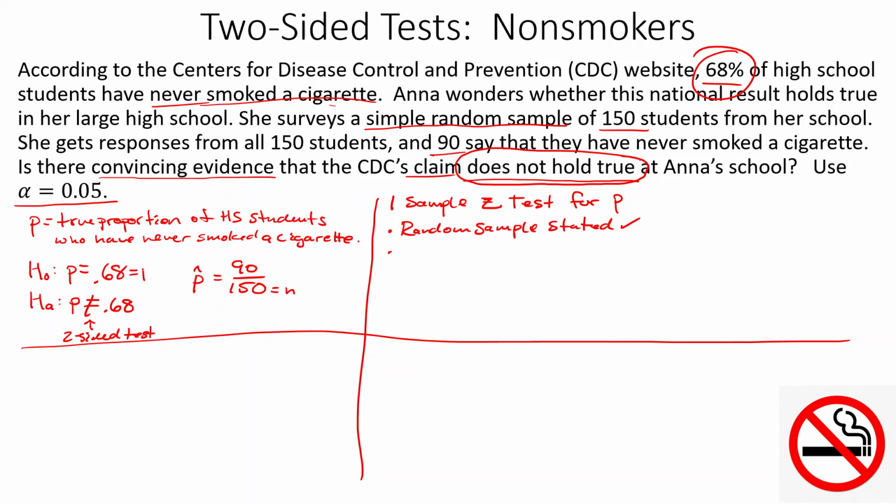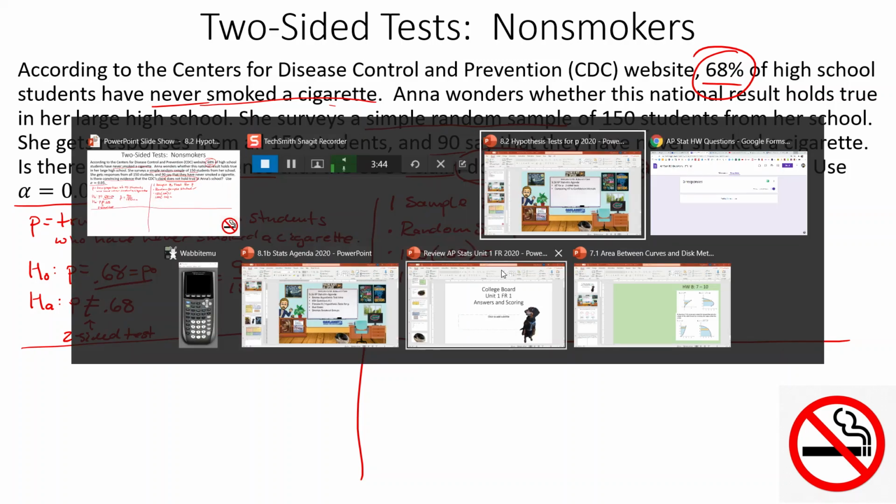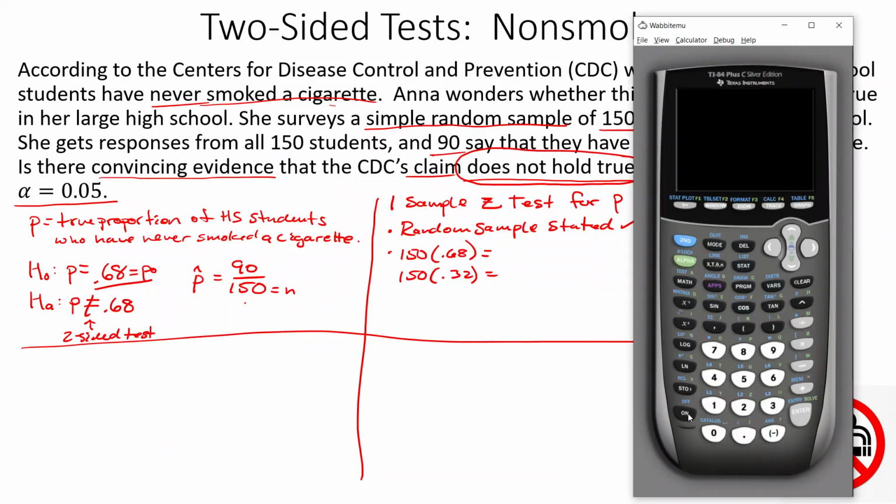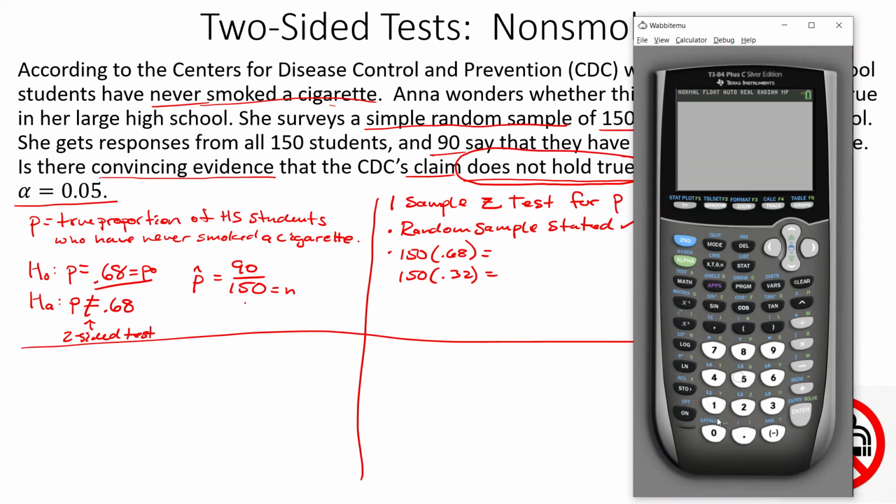Next, we're going to look at our normal distribution conditions. So remember, our original here is p naught. Our n was 150, so we get 150 times 0.68, and 150 times 1 minus that, which is 0.32. And we want both of those to be bigger than 10. I don't know what those are off the top of my head, but we do need the numbers for those, so we're just going to type into a calculator. 150 times 0.68 gives us 102, so the other one will be 48.